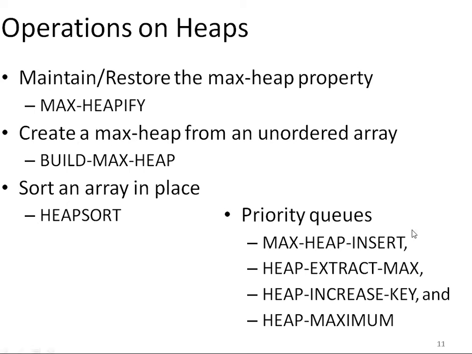And then, since it is a priority queue, we may wish to increase the priority of any element at any moment of time. Accordingly, we will have a function heap increase key. With the help of this function, we are going to increase the priority of an existing element in the queue. Kindly note, all these functions are with respect to max heaps. The corresponding functions with respect to min heaps can also be implemented, but we are going to study only the functions corresponding to max heaps.